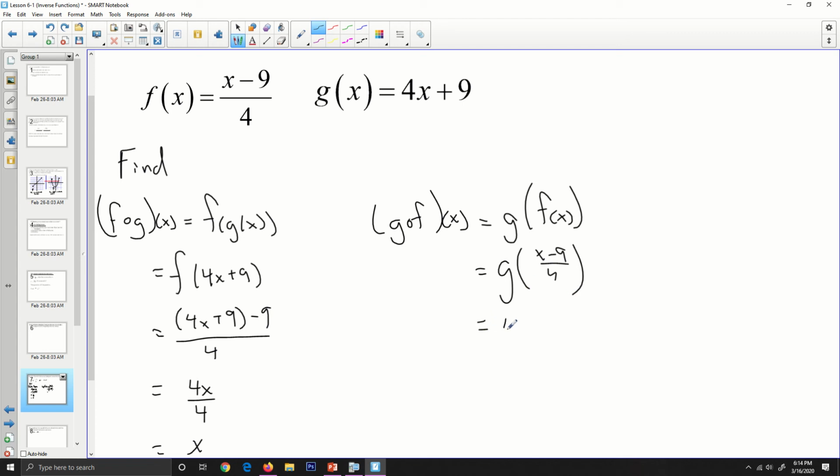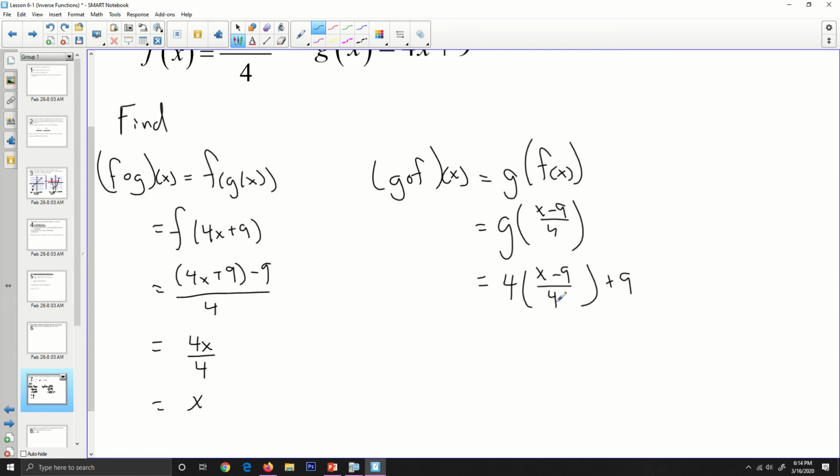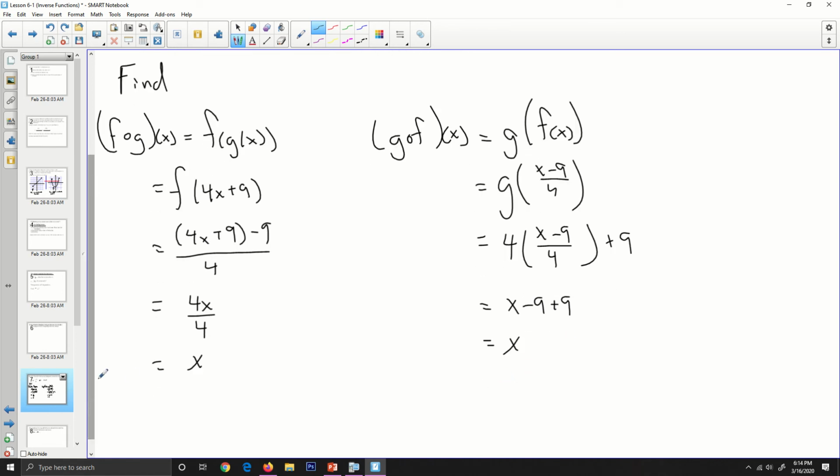Now, g is defined as 4 times something plus 9, and that something is this expression, x minus 9 all over 4. And because we have that 4 on the top and the 4 on the bottom, they're going to cancel. And that's going to leave me x minus 9 plus 9. Negative 9 plus 9 is 0. I get x again. And so when I've composed f with g and g with f, both of those compositions have reduced down to x, and thus f and g are inverses.